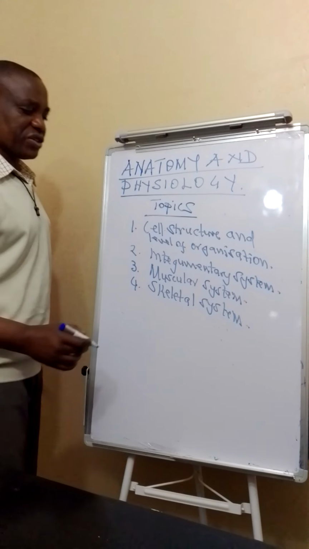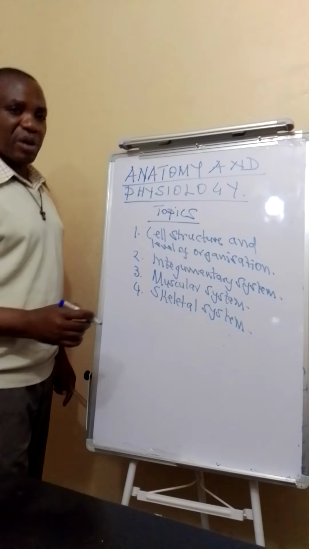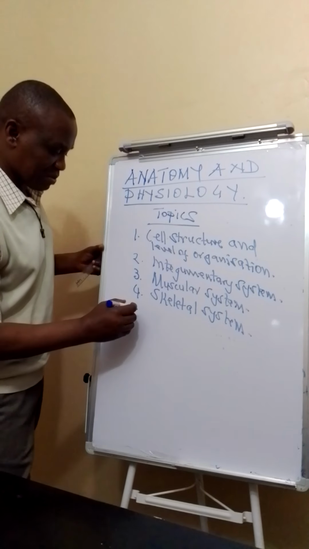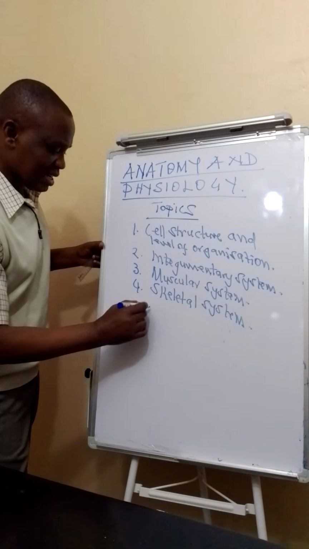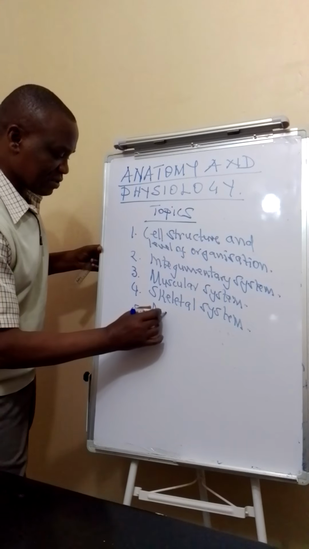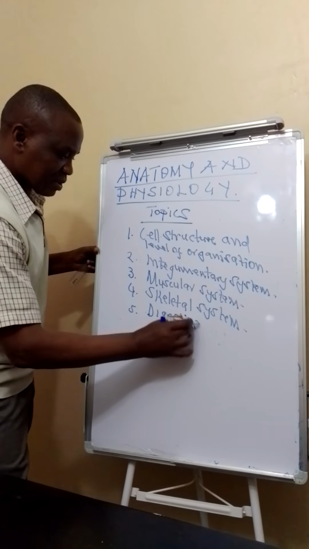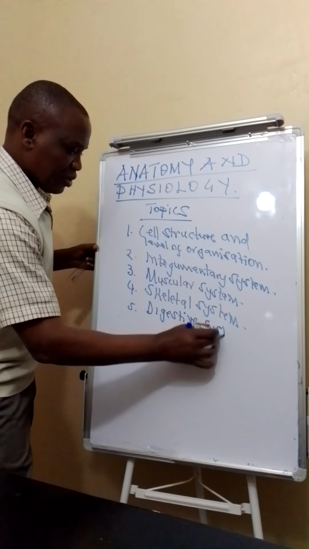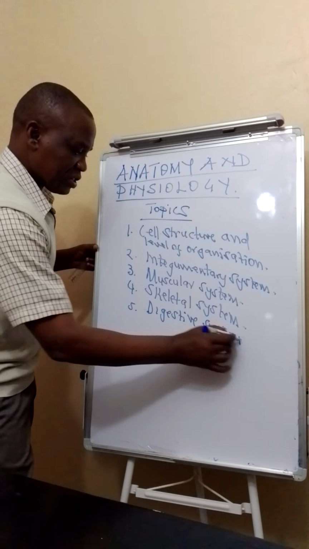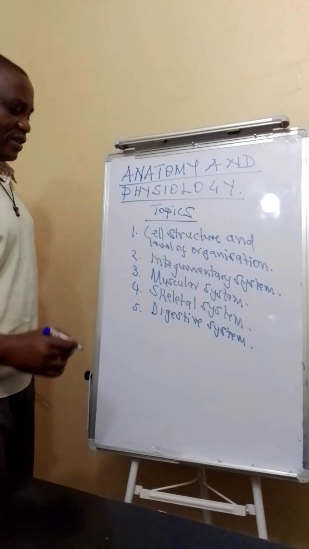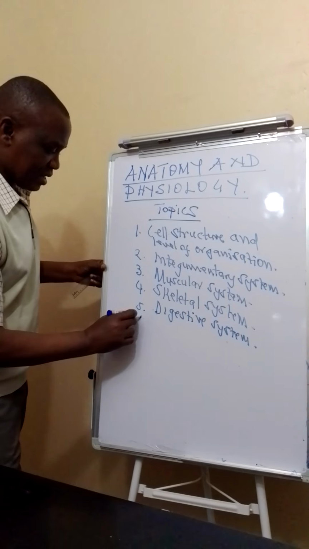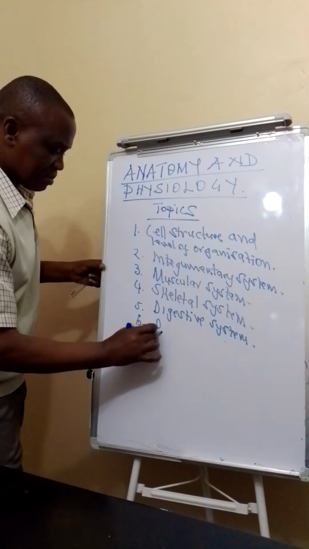And the skeletal system, as an organ of protection, protects other systems. The system that it protects will be the digestive system. That will be the next one. You know that part of the skeletal system, like the ribs, protects the respiratory system.